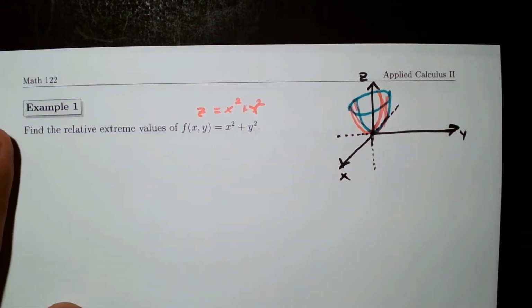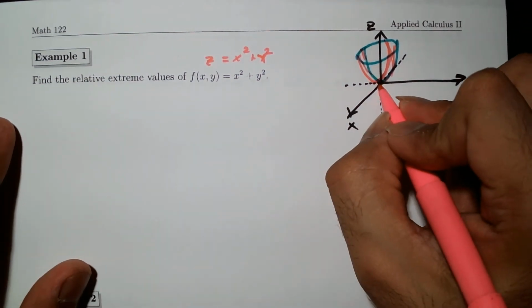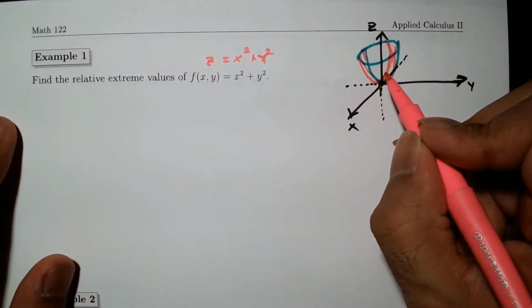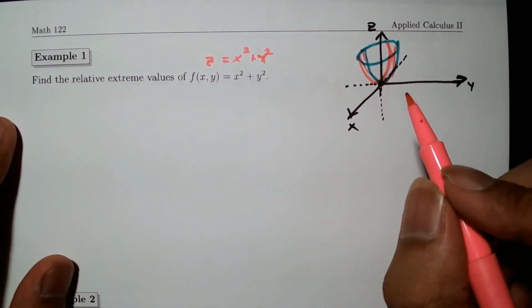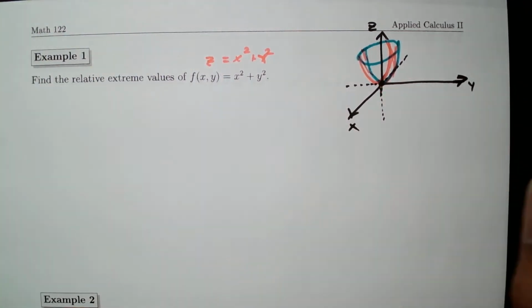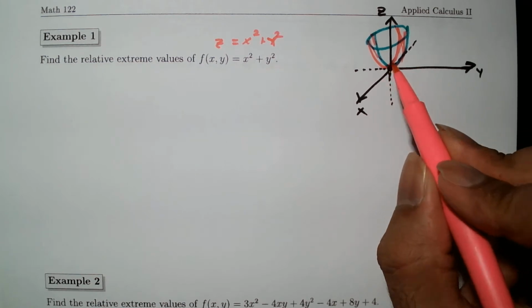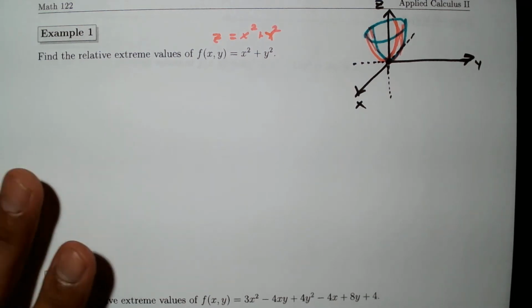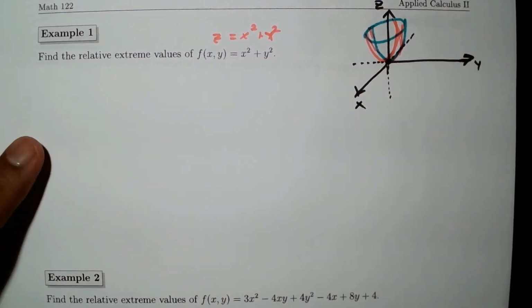But the main takeaway here is, look at this point right here. It's going to be a minimum. Now we are going to do the calculus and algebraic process to get this conclusion.